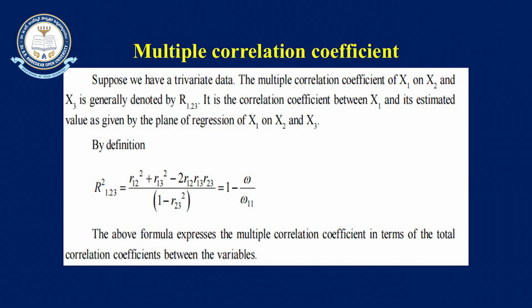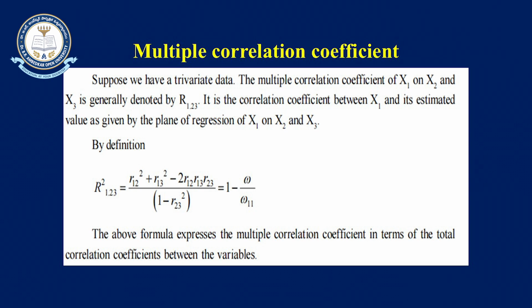It is defined by the formula R1.23 whole square equals (R12 whole square plus R13 whole square minus 2 times R12 into R13 into R23) whole divided by (1 minus R23 whole square).